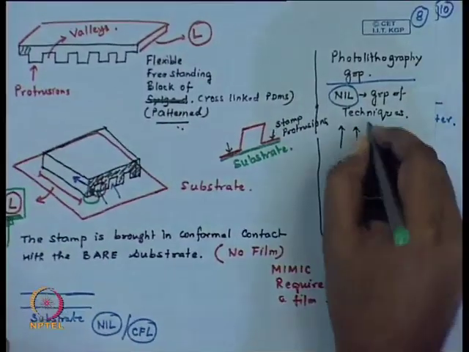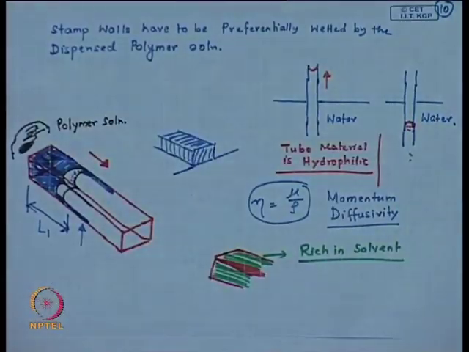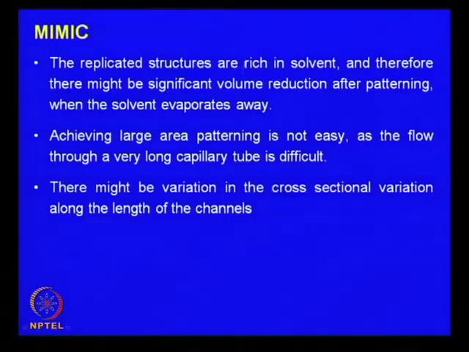So, unlike nanoimprint lithography or some other lithography techniques where you actually pattern a film, you do not pattern a film here, but you get structures of a polymer or something, which is very rich in solvent. So, there is a significant possibility of volume shrinkage or volume reduction after patterning when the solvent evaporates away.